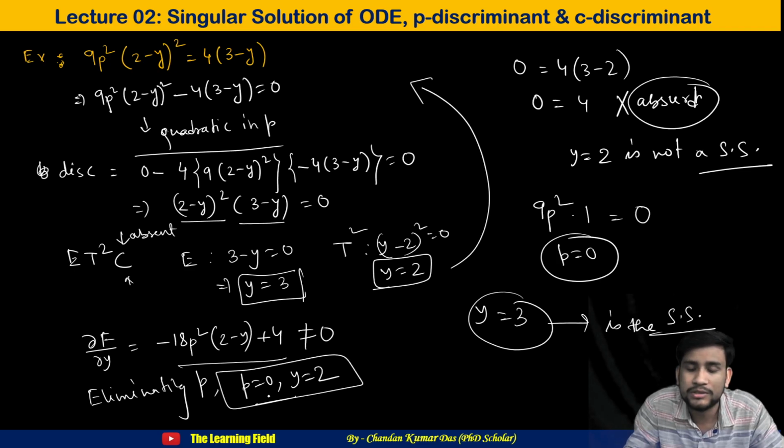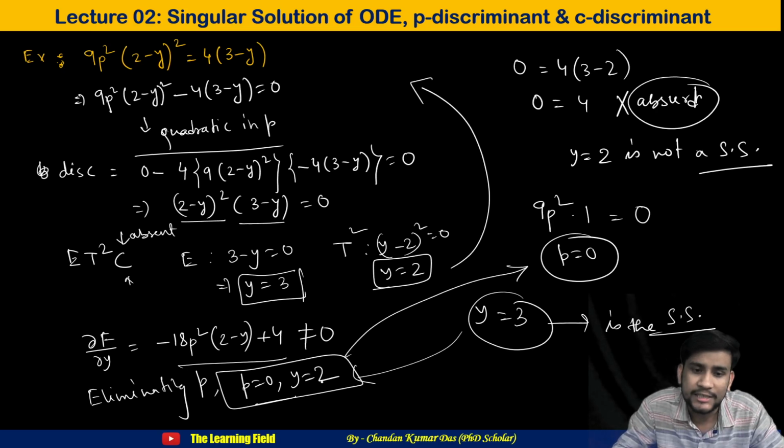We get p equal to 0 for the singular solution. That means y equal to 3 satisfies p equal to 0, but y equal to 2 is not satisfied.